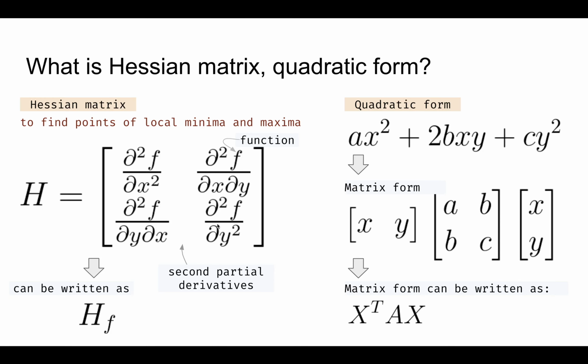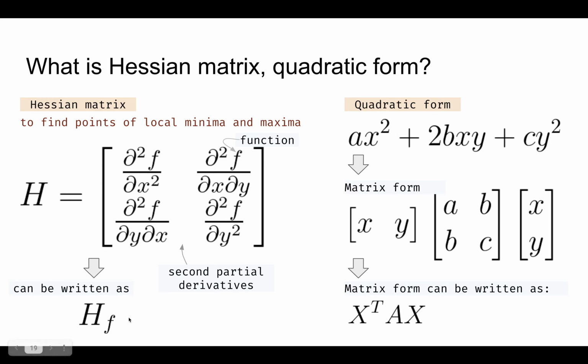So what Hessian is: the Hessian matrix is, as the example shown here, a symmetric matrix of second partial derivatives. So let's say we have a function x that we are trying to find the Hessian matrix for, then this would be the way it can be represented.